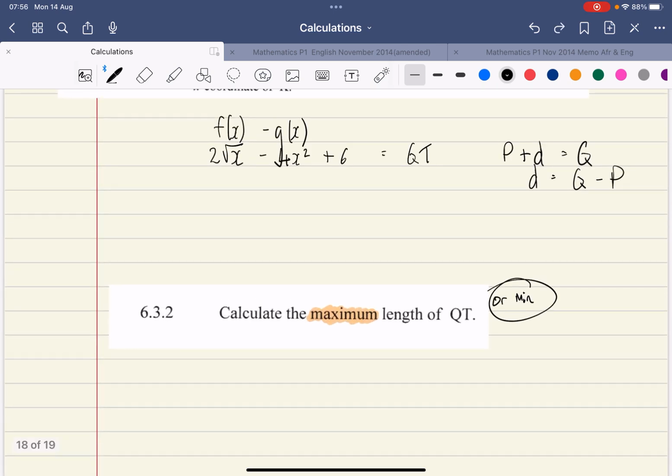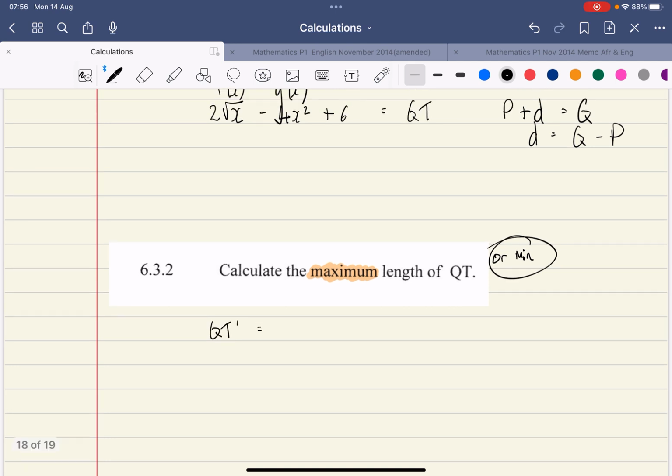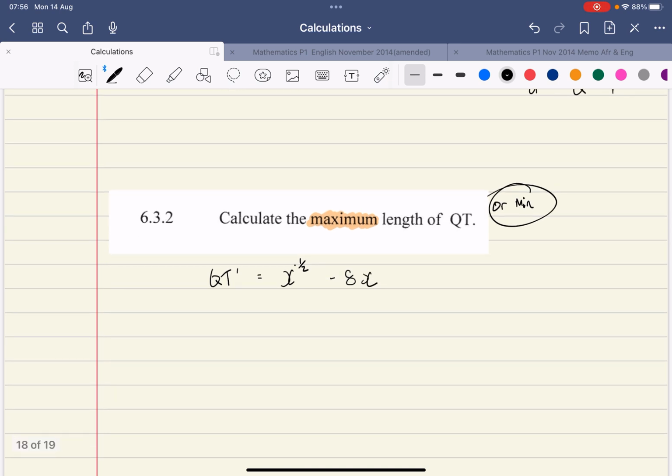So let's find the derivative of our QT. That will be x to the negative half, if I'm correct, minus 8x. And we're now going to set this equal to 0 because we're finding a local maximum.